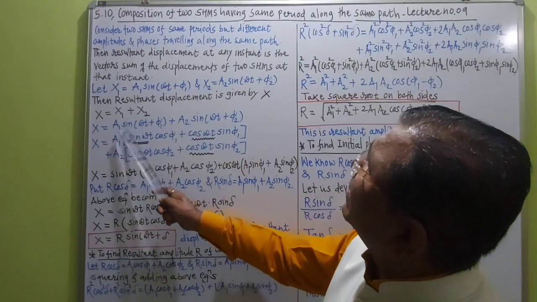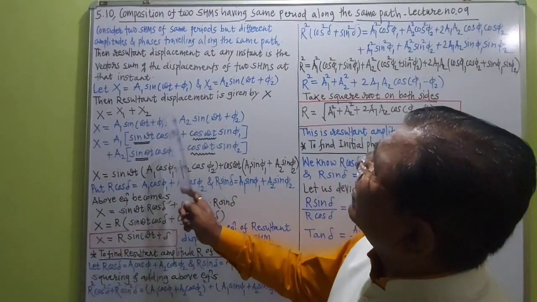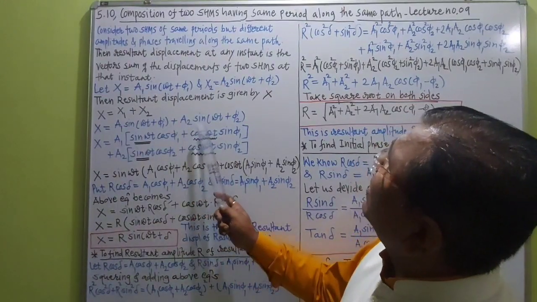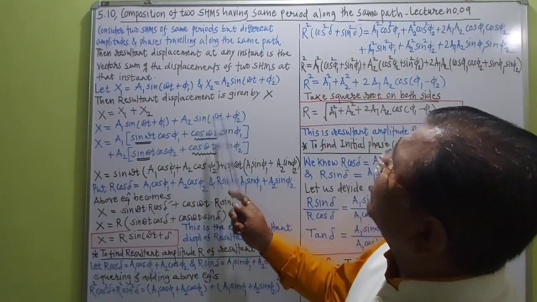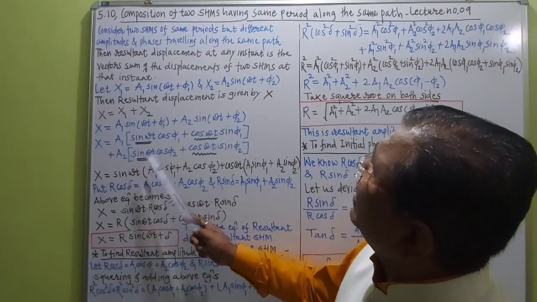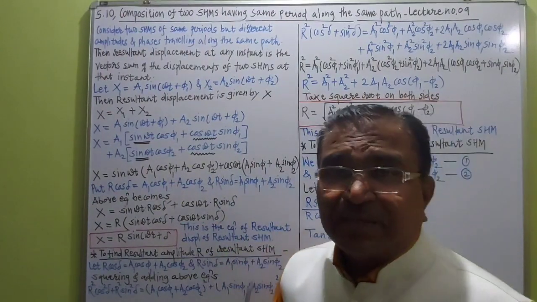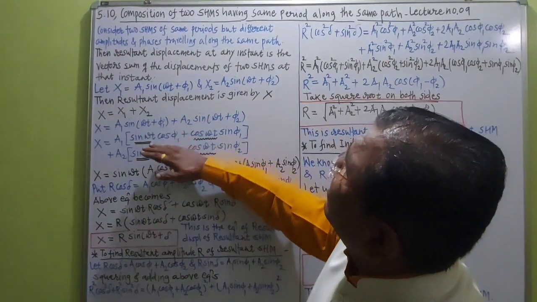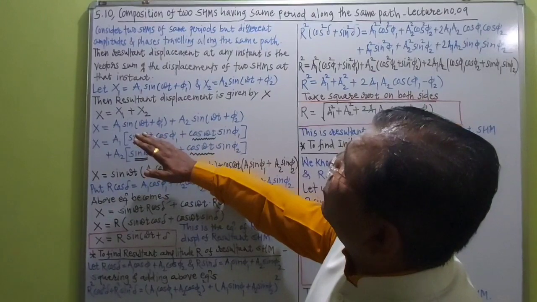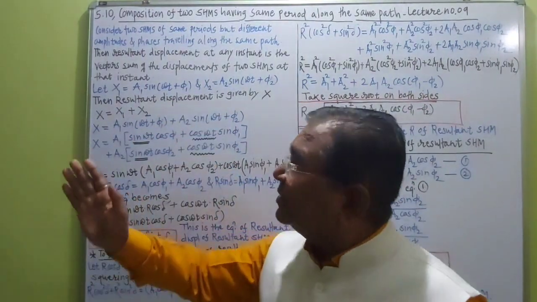This is the simplification of sin(omega t plus phi 1). Then here, capital A2 is common. What is sin(omega t plus phi 2)? Sin omega t cos phi 2 plus cos omega t sin phi 2, like this. So by making use of the formula sin(A plus B), this step arises.